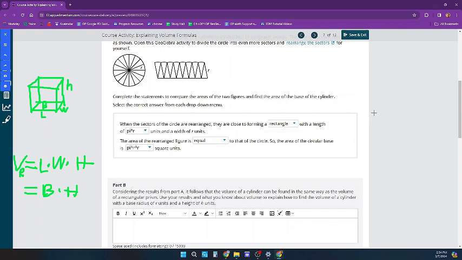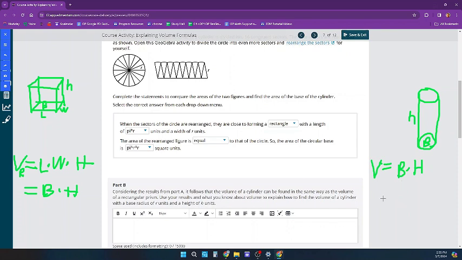Now let's look at our cylinder situation. So let's reverse engineer this. We have our base and we have our height. Our volume formula is going to be the same thing as over here, but rather than doing length times width, I'm going to use the base times height version of this formula. Our base this time is the area of a circle.